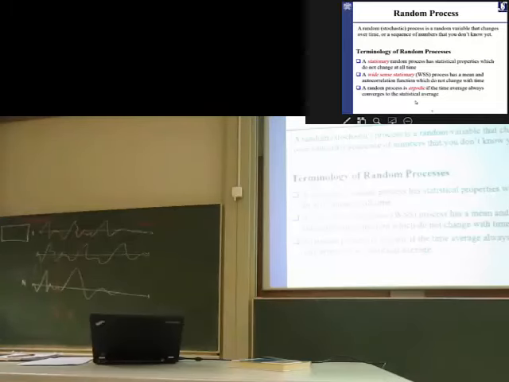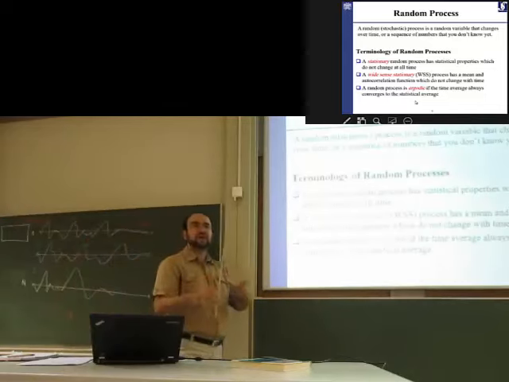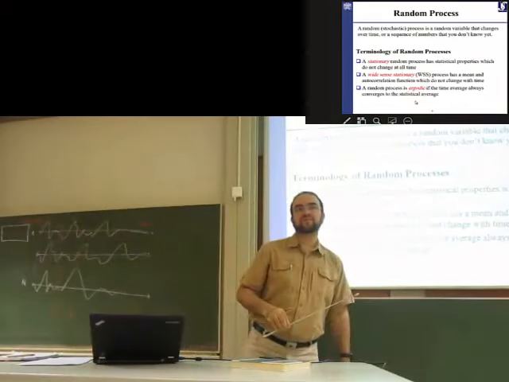If the process has this property, that taking any of these random variables from that process doesn't change the statistics, I mean, for example, the mean, variance, and so on. If the mean, variance, and the higher order statistics of this variable, and this variable, and every other variable are the same, that process is called a stationary process.